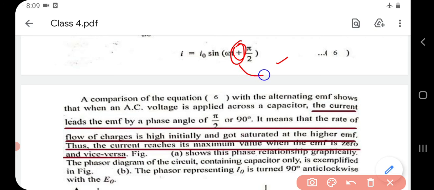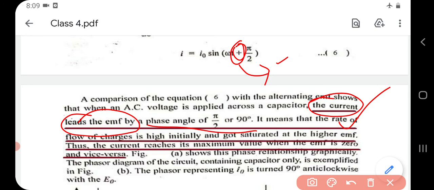But here, in the case of an AC circuit containing only capacitance, you can see a positive sign. So we can say that in an AC circuit containing only capacitance, current leads EMF by a phase angle of pi by 2 or 90 degrees. This means that the rate of flow of charges is high initially. It gets saturated at a maximum value.